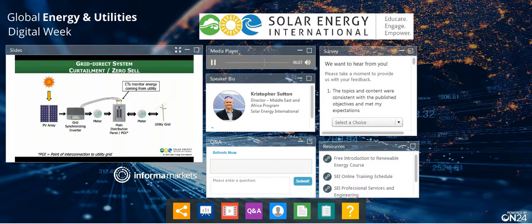So the inverter will only push as much energy into the main distribution panel as the electrical load is. If the solar output becomes greater than the electrical load at the building, the inverter will throttle down the solar, maybe go to 75% or 50% output, so it never exports energy into the grid.